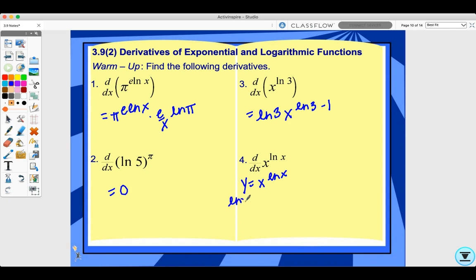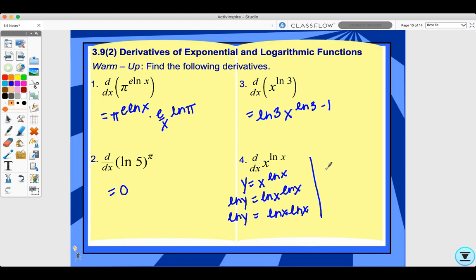So I'd have the natural log of y equals the natural log of x to the natural log of x. And then using my exponent rules for logarithms, I could rewrite this: the natural log of y equals the natural log of x times the natural log of x. And then I could go ahead and take my derivative of both sides.